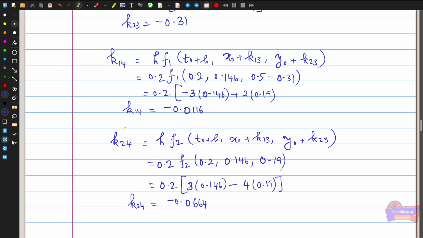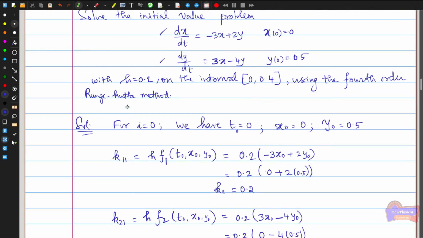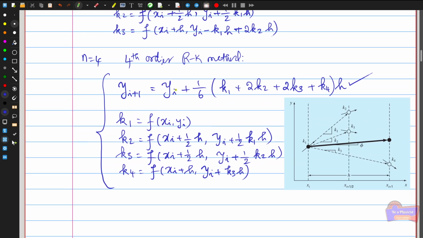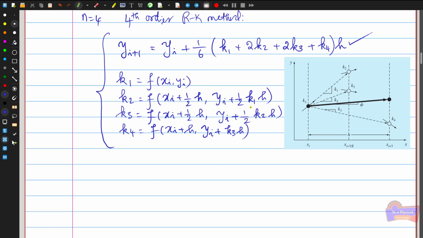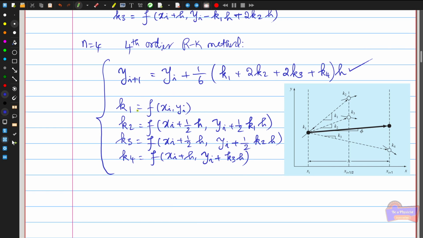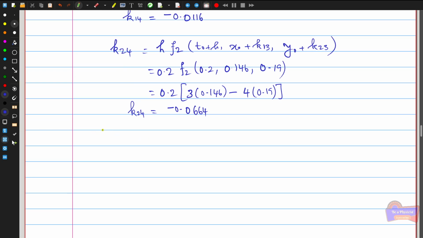Okay. Now I have already calculated all the slopes, so I can find out the final equation, the average. The average is y of i plus 1 is equal to y of i plus 1 by 6 times k1 plus 2k2 plus 2k3 plus k4. Because I have already calculated the slopes, I can write the final value of x at 0.2.